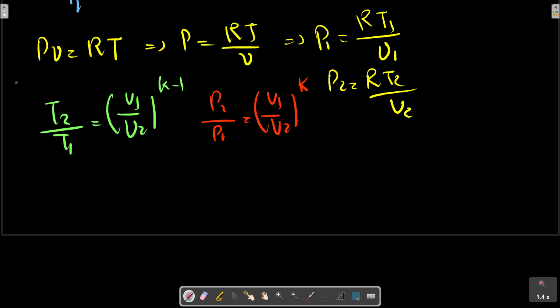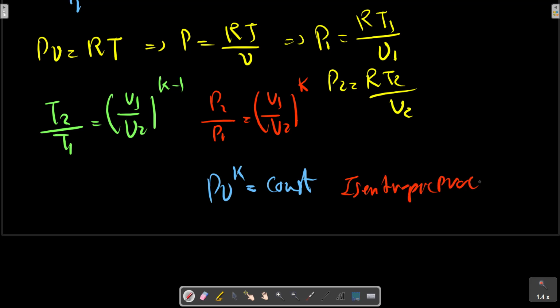From this last expression, we know that for this process, P V to the K equals constant. For an isentropic process, P V to the K equals constant.